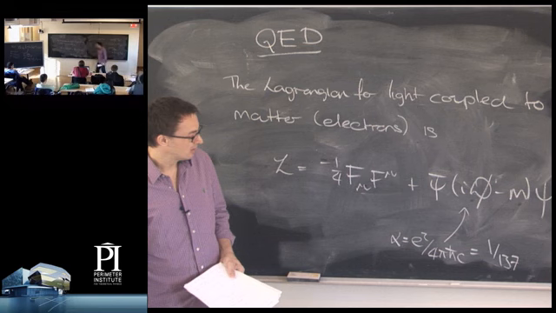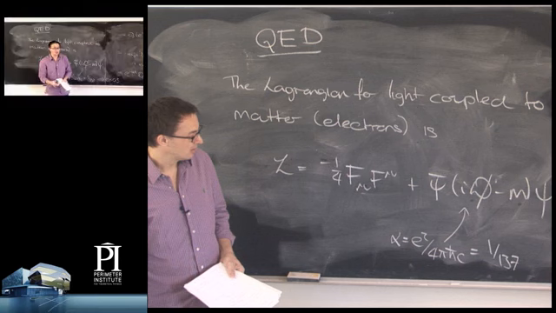Alternatively, you might want to work with a description where you don't really care that the protons are made up of quarks. You want to work on an energy scale where we're just not seeing that, where you're just interested in the protons.